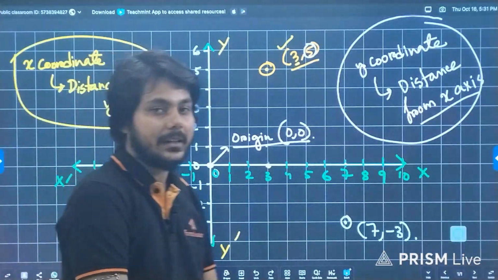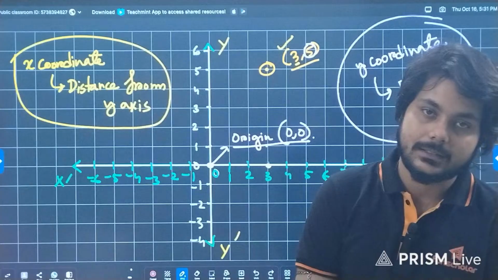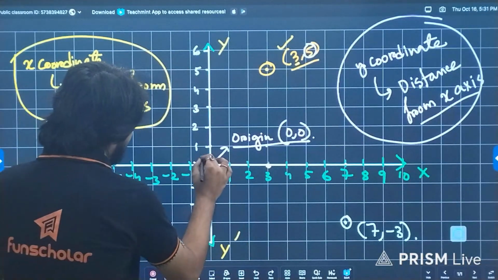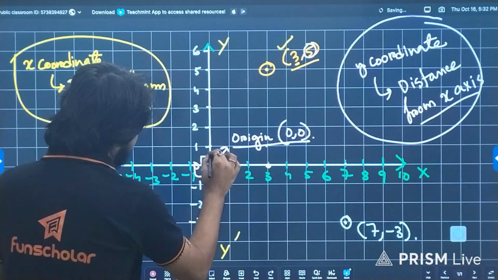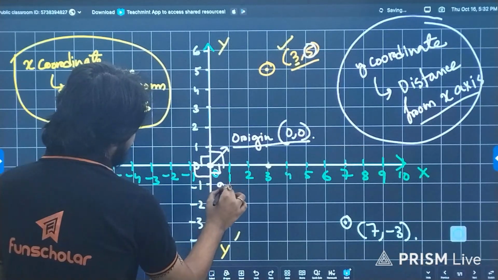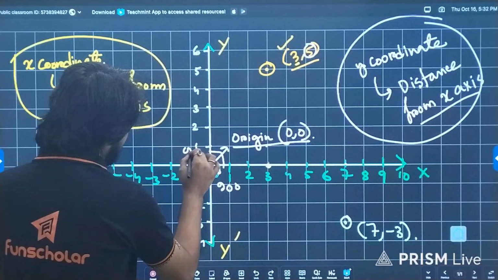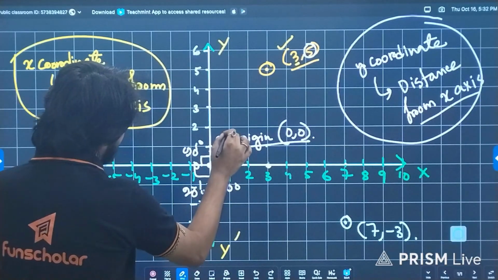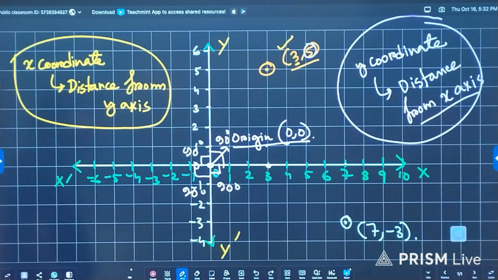What is origin? The intersecting point between x-axis and y-axis. What are the angles of these intersections? Each is 90 degrees.